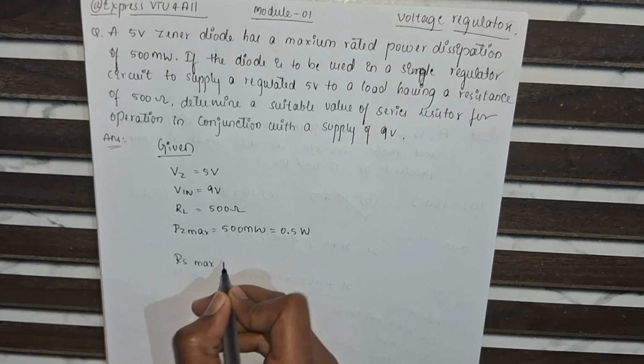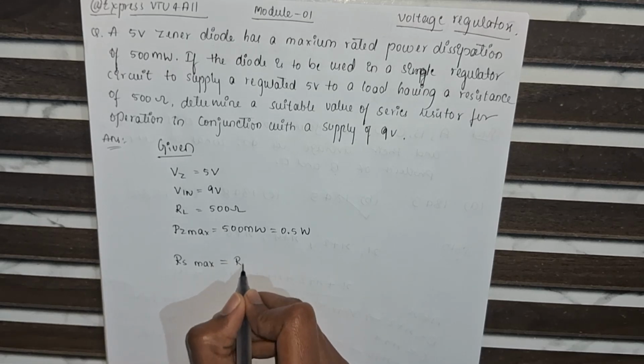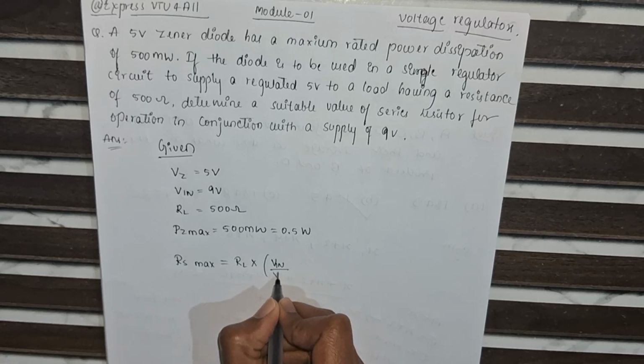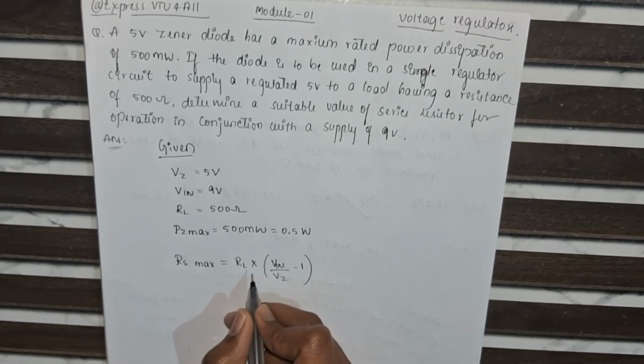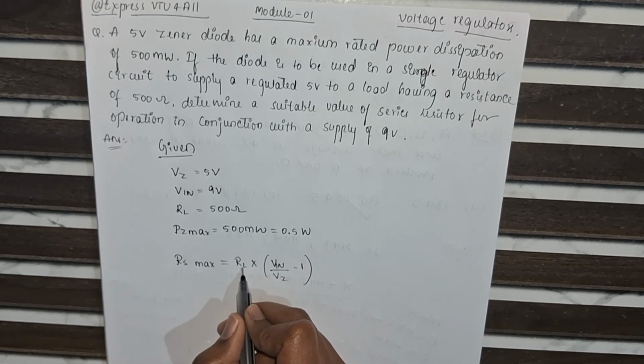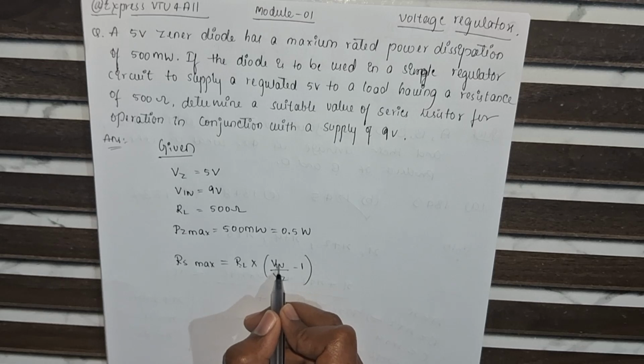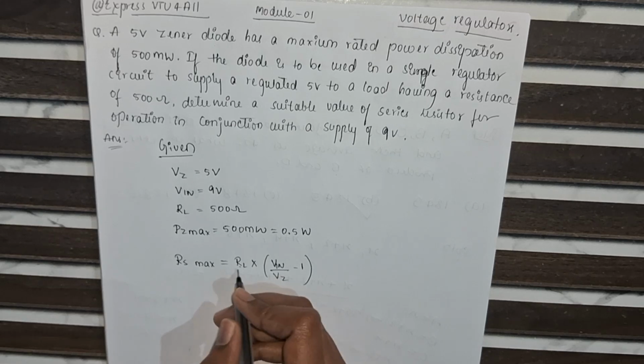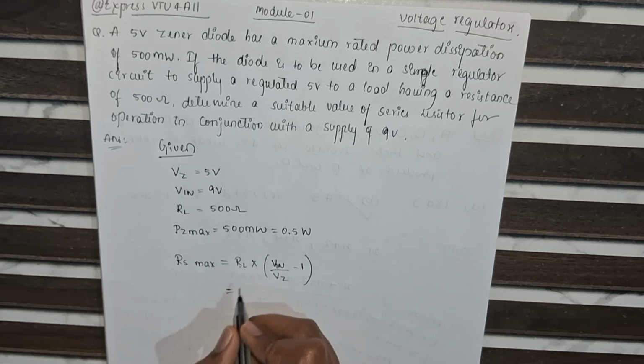So the formula you need to remember is this. RL represents the load resistor, V in represents the input voltage, and VZ represents the Zener voltage. So you need to put in all the values.